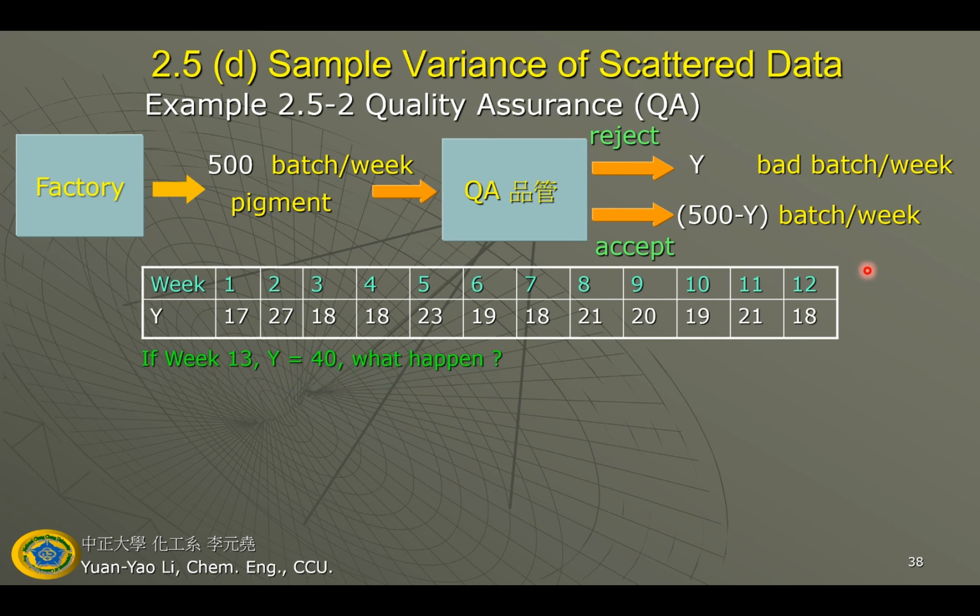Okay, at week 13, Y becomes 40. Then what happened? The 40 is greater than this, but you want to shut down. You want to continue to work to produce the pigment, or you want to shut down the factory and do the maintenance, or find out what's going on.